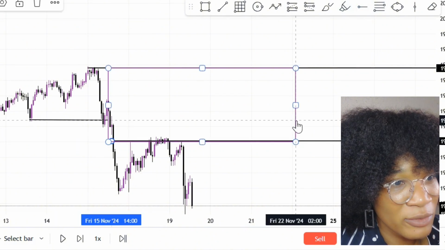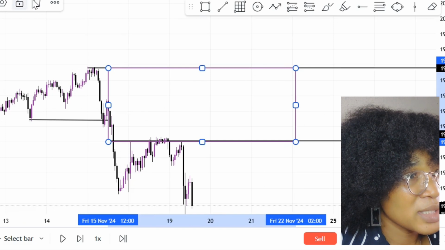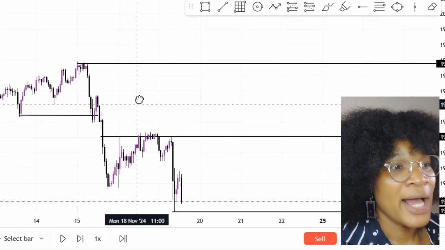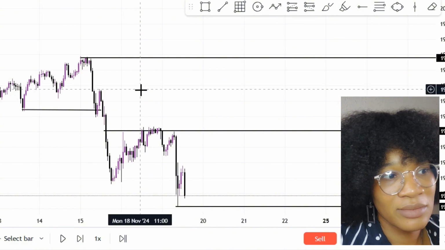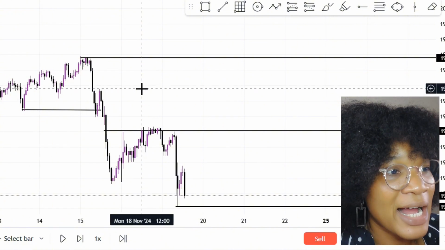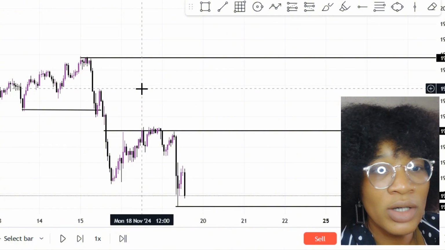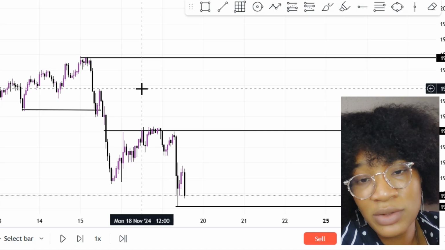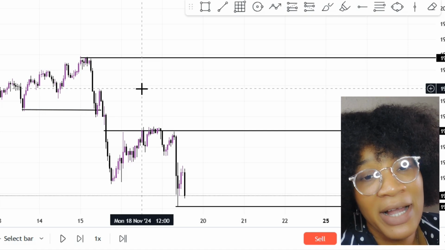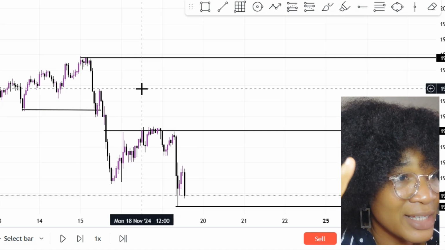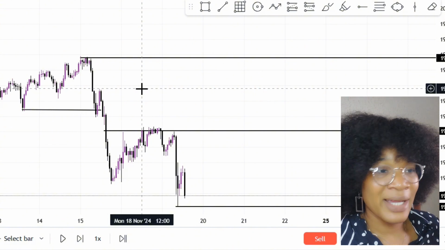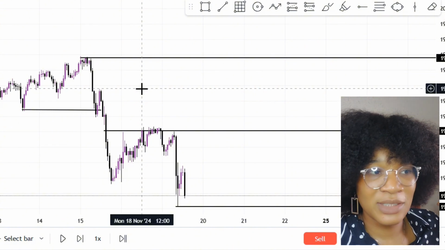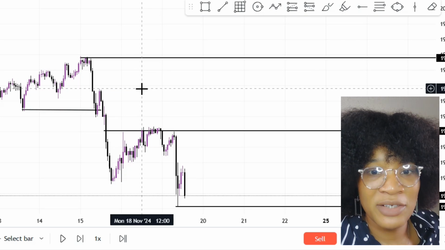I don't want the rectangle to be a stumbling block to what we want to see. So I can see that yes, this is the golden pocket. In my head, I would ask myself, what is my entry model? What model do I trade? If I can find any of the models I trade in that golden pocket, that's where I'll be taking my trade from, especially when it presents a liquidity point.